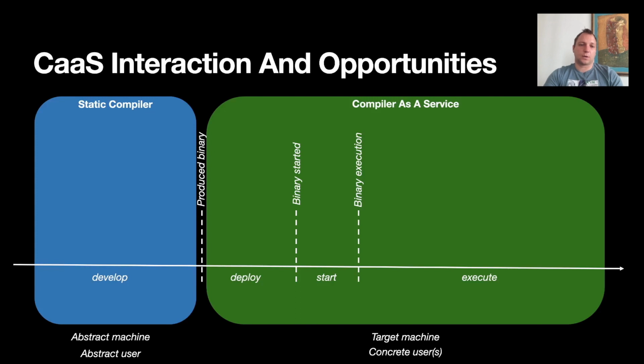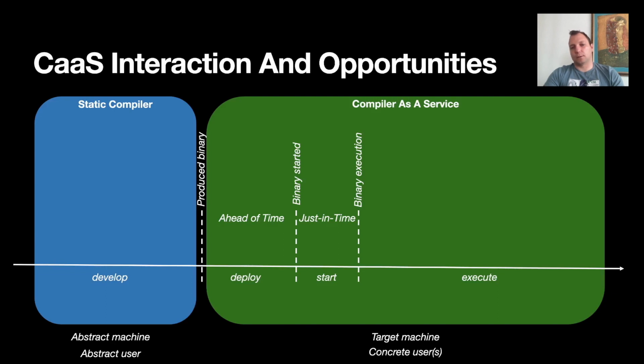So the first one is when we produce the binary. At the point where we produce the binary, we could make certain assumptions about that binary. Before the binary starts and after it is produced, this is the ahead of time compilation, where we could make some assumptions at least on the machine that we're deploying. The machine that we get our binary deployed on is the one that is to run the binary, so we can assume certain things there.